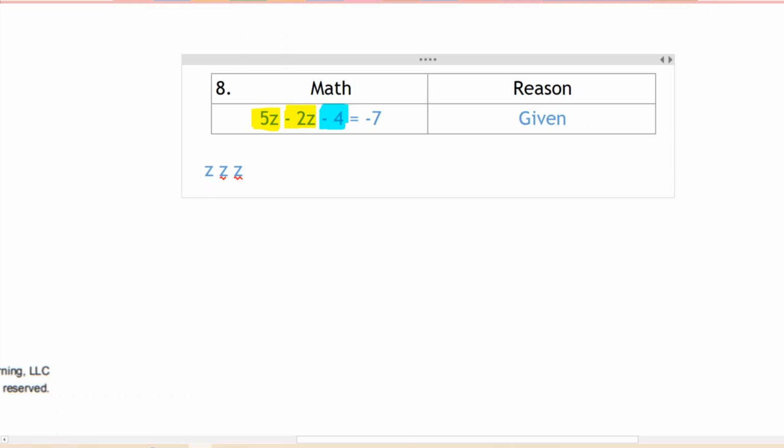And a simple exercise like that is all that's really needed for most people to really grasp what's going on when we're adding and subtracting variables together. So 5z's, literally put 5z's on your paper. -2z, literally just cross them out, or delete them all together, and you can see that we have 3 z's left over.